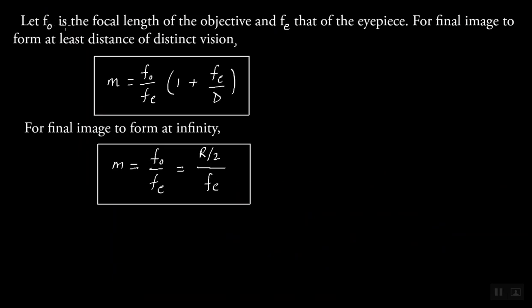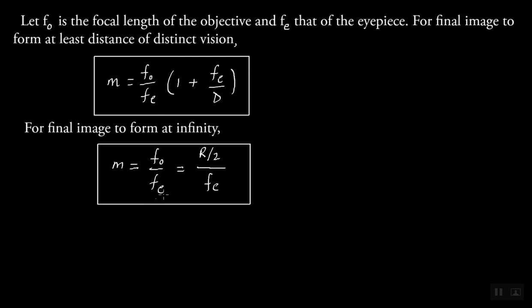Now suppose FO is the focal length of the objective and FE that of the eyepiece. For the final image to be formed at the least distance of distinct vision, the magnification is given by this expression. We are not interested in finding this expression, that is done in higher classes. At your level, it is just important to remember the expression. For the final image to be formed at infinity, you have M is equal to FO by FE.